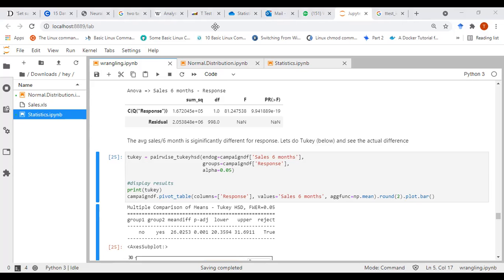Sir, sorry, there is some noise here right now, and as per my understanding, we should reject the null hypothesis because it's far less than the 5%.